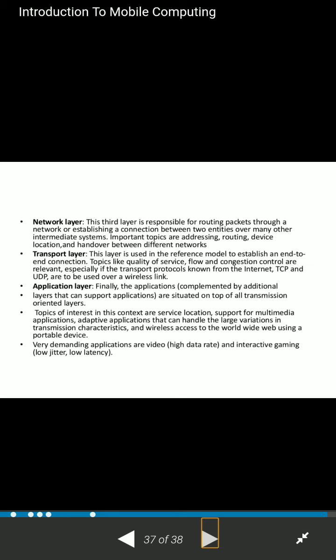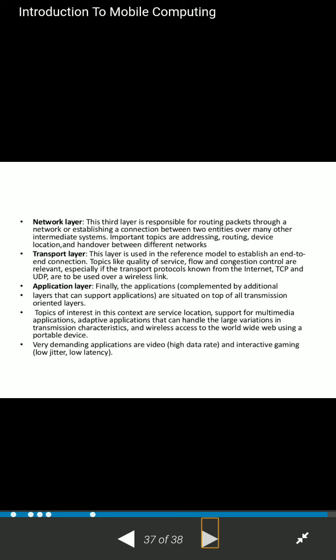It is addressing and routing, device location and handover between different networks. What are the different networks we are using nowadays, like in your mobile station, which network it supports.